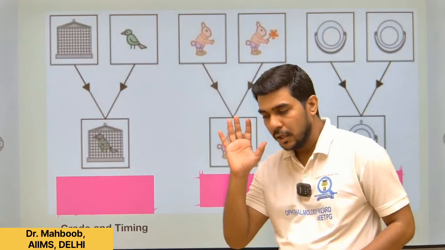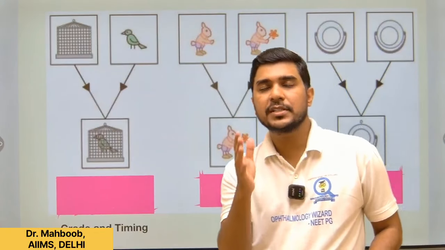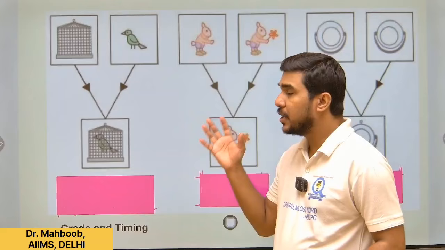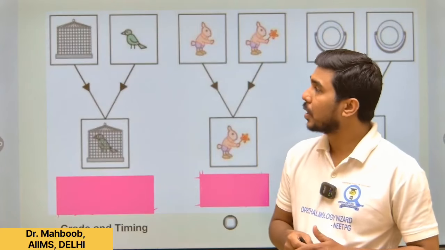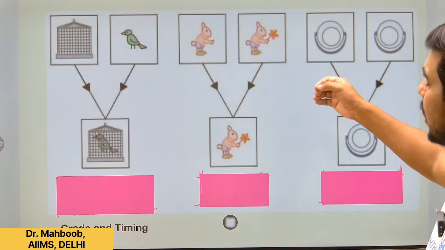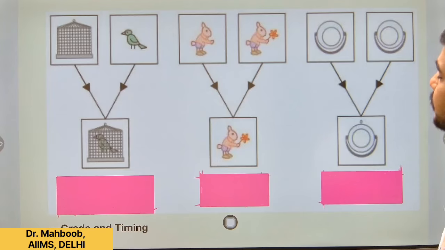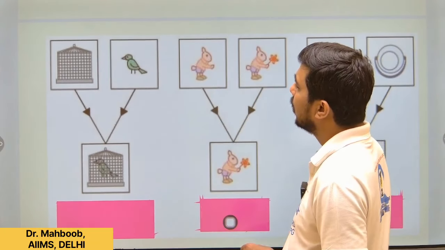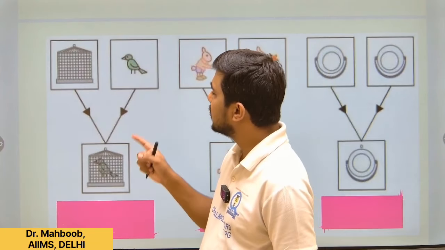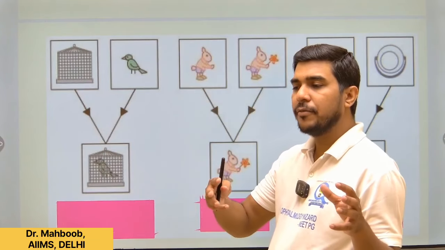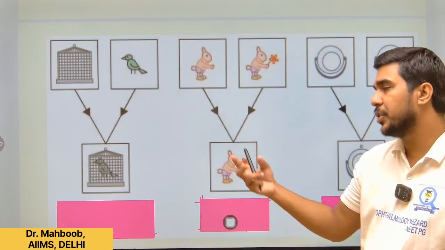Now we are going to discuss the strabismus and neuro-ophthalmology portion right here, right now. So this image is very important to understand. You see the first image: this is the grading of binocular single vision.